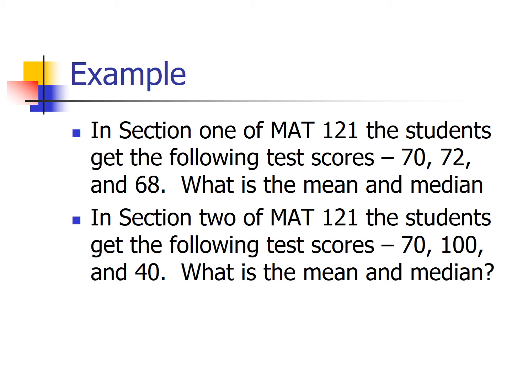Whereas in the second section, there is a lot of variability. There's a lot of spread. There's a lot of dispersion. There's one student who completely bombed the test, got an F. There's another student who completely aced it. And then we have Goldilocks somewhere right in the middle.